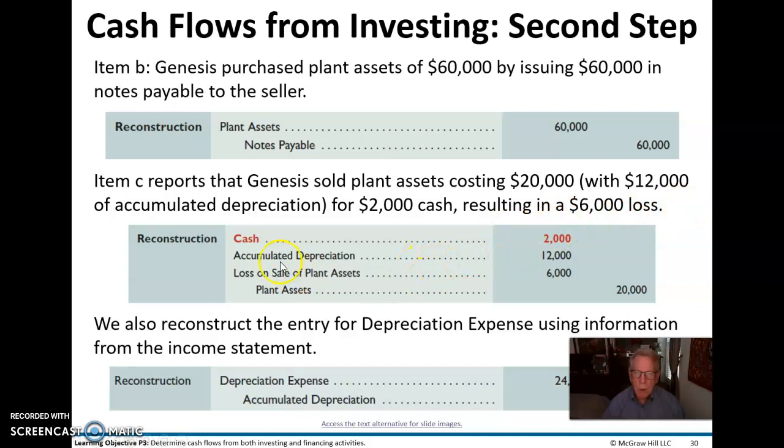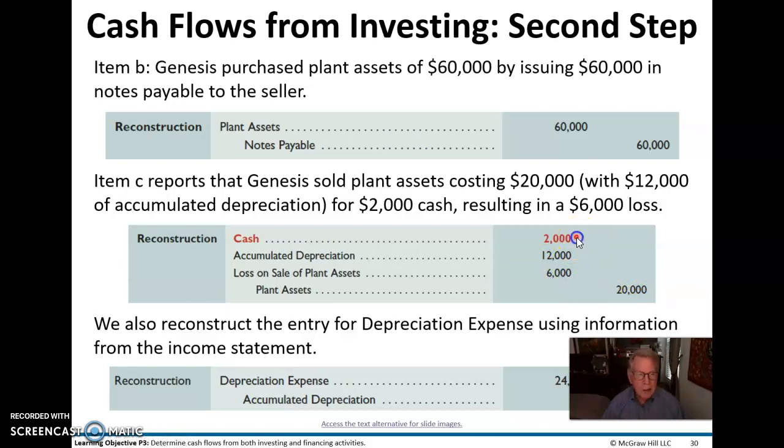So now what we're going to do is say, okay, what did that journal entry look like? We debited cash. We debited accumulated depreciation when we sold those assets, which had a balance sheet total of $20,000, which meant that we had a $6,000 non-cash loss.